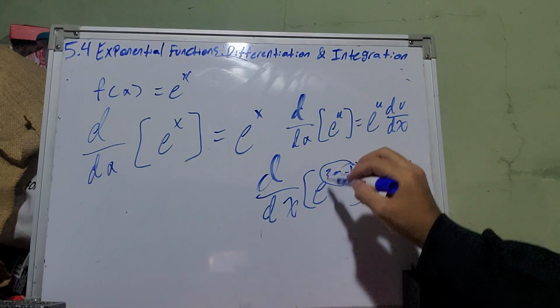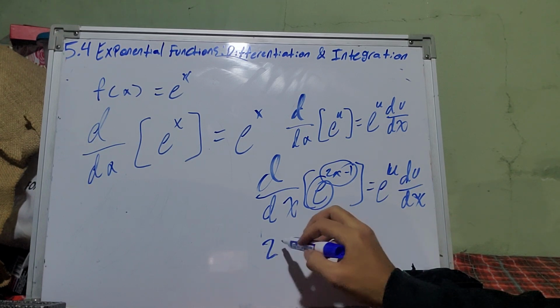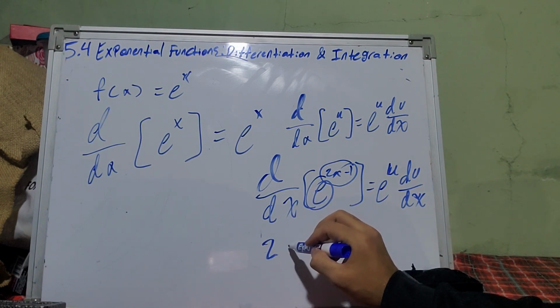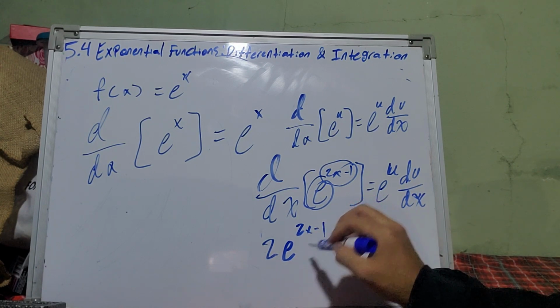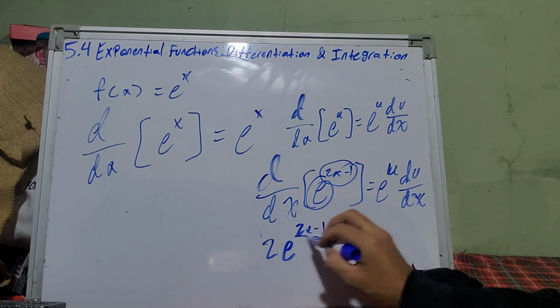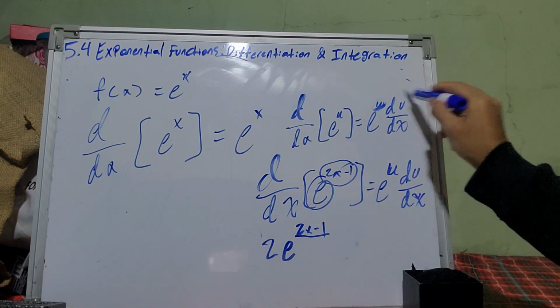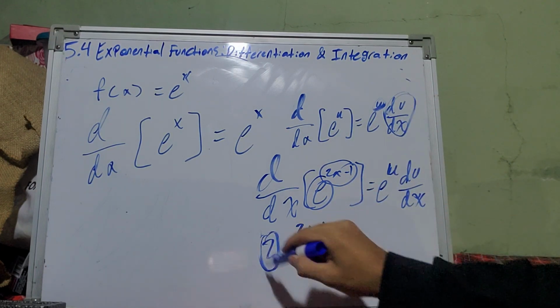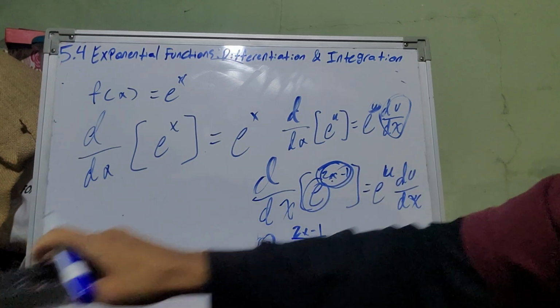So when finding the derivative of this and still presented with e, the derivative will come out as 2 times e to the power of 2x minus 1, showing that we're getting both the e to the u and the du, as this is the derivative of the function presented in its power.